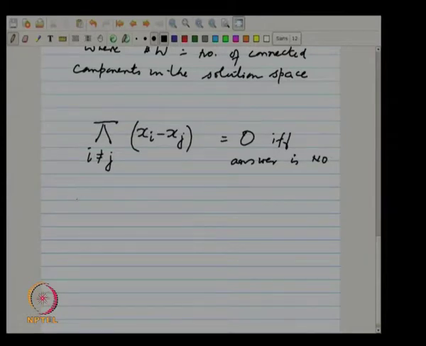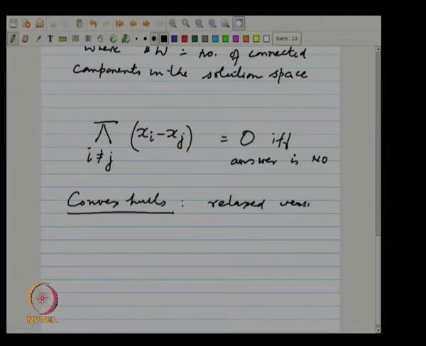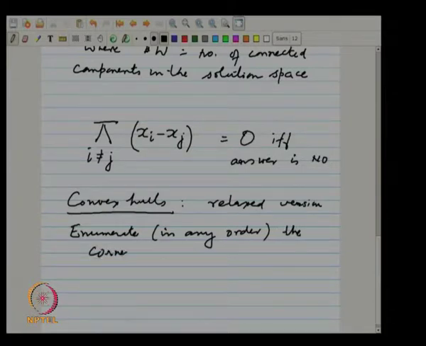So, for convex hulls, a relaxed version can be to just enumerate the corner points in any order. So, I am not imposing any kind of sorted order. This could be one version.